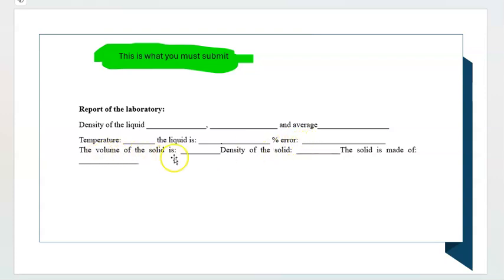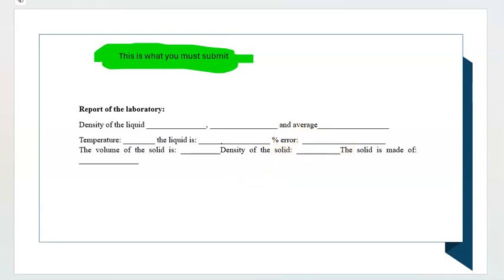And for the second one, you will say the volume of the solid is, then you will write here the volume of the solid with the correct number of significant figures and the density of the solid that you have determined.